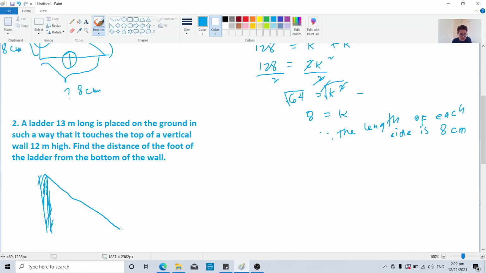It touches the ground. Ito yung ground. Ito yung ating ladder.